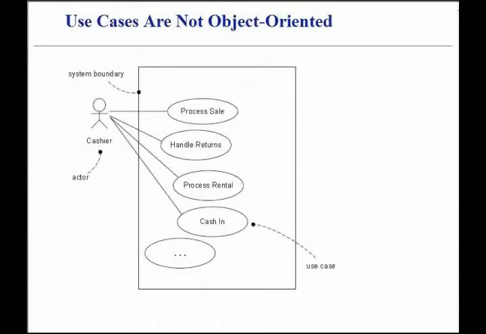There is nothing object-oriented about use cases in functional requirements. When describing use cases, we are not doing object-oriented analysis. This is not a defect, but a point of clarification.